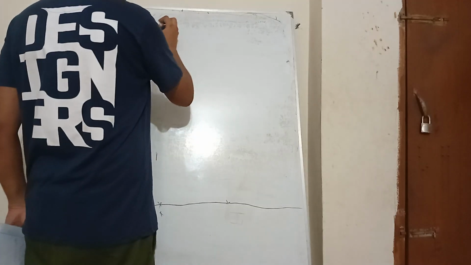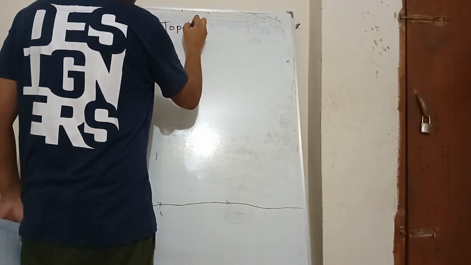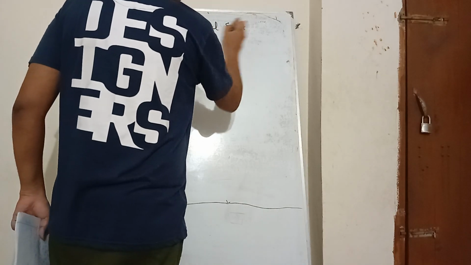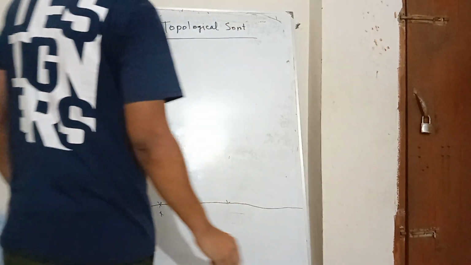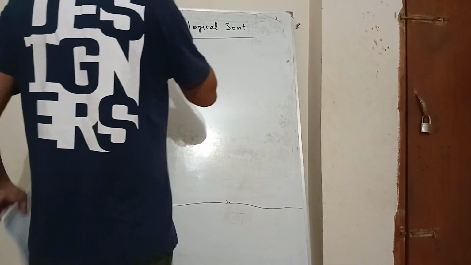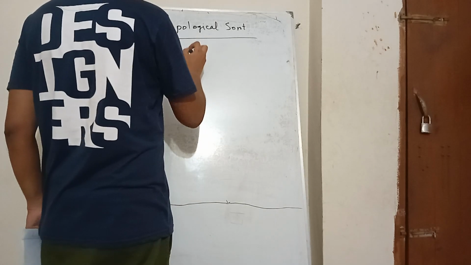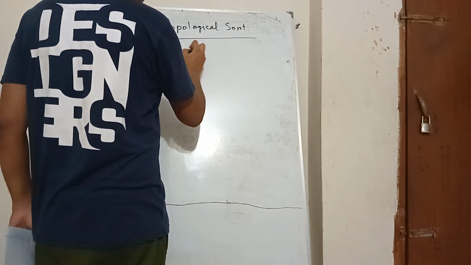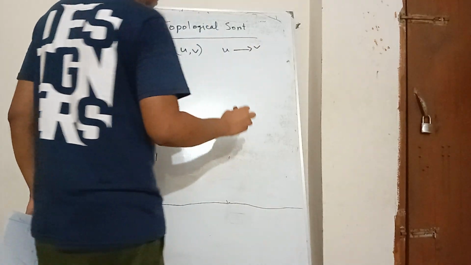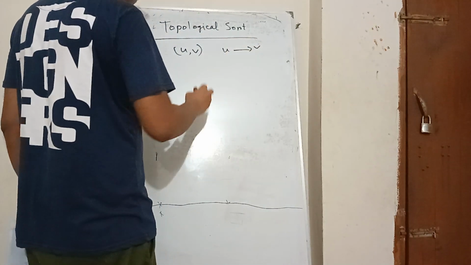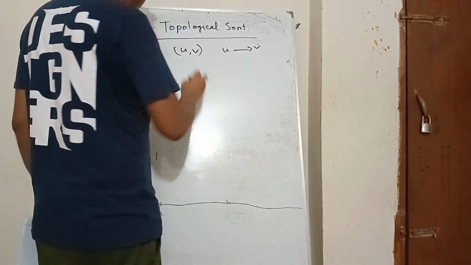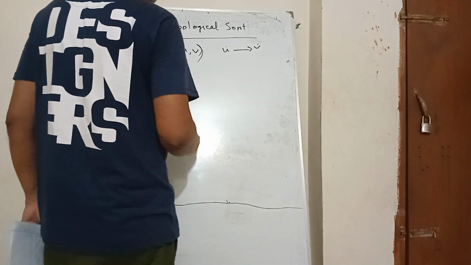Topological sort. Topological sort is used in a DAG to find the ordering for any directed edge UV, that means U to V. The ordering is such that U must appear before V in the ordering for each UV pair.